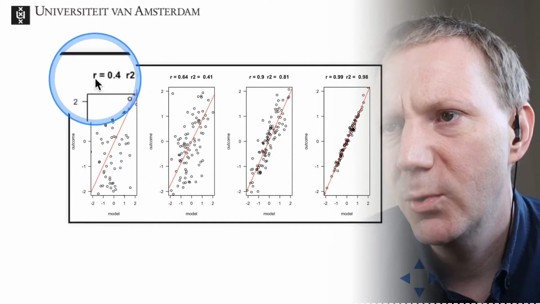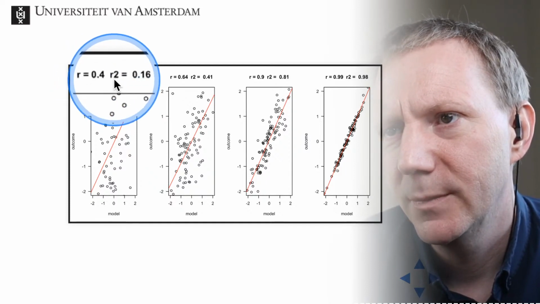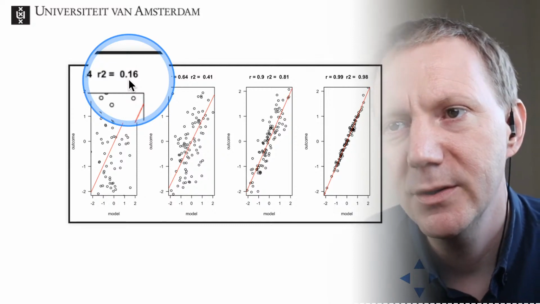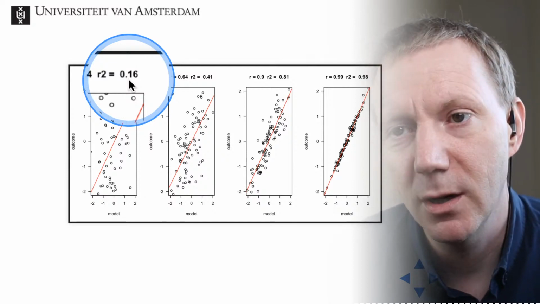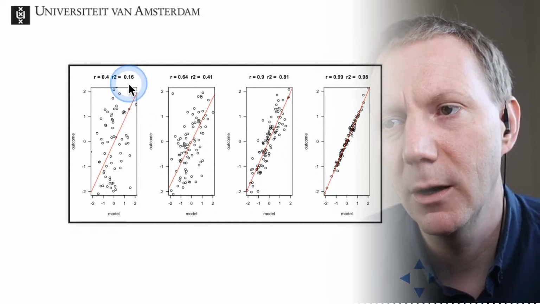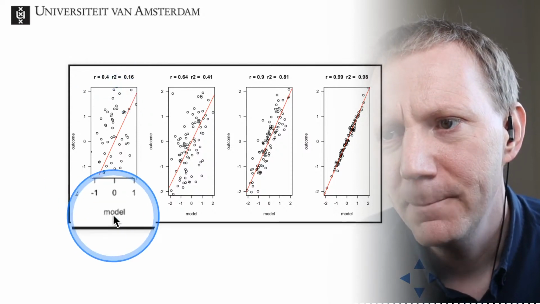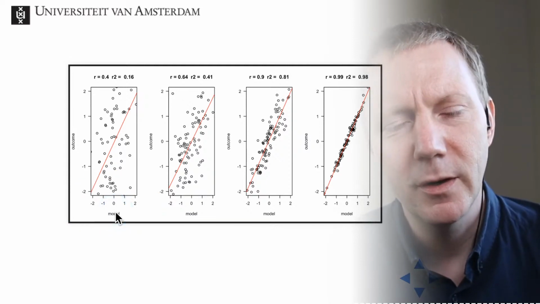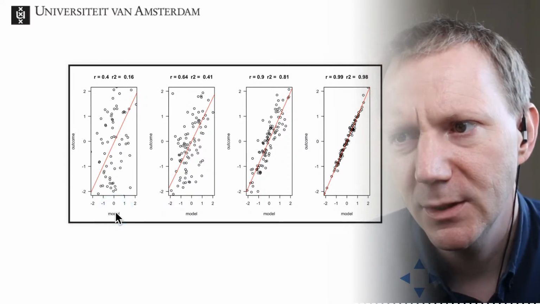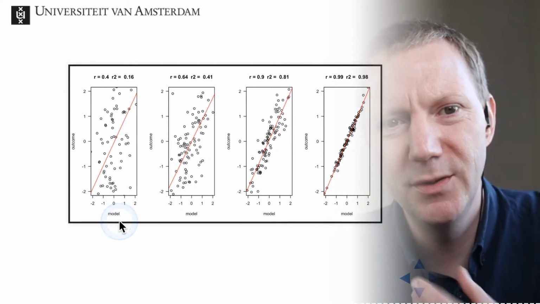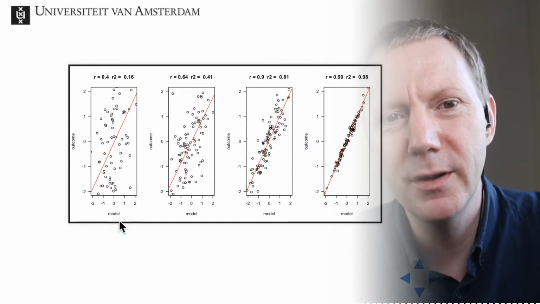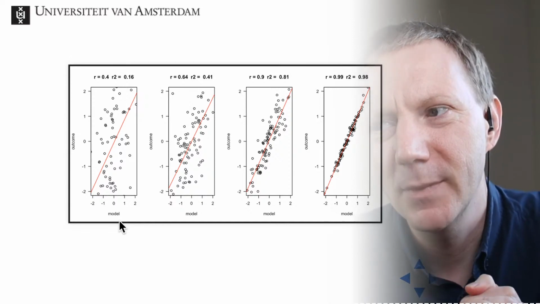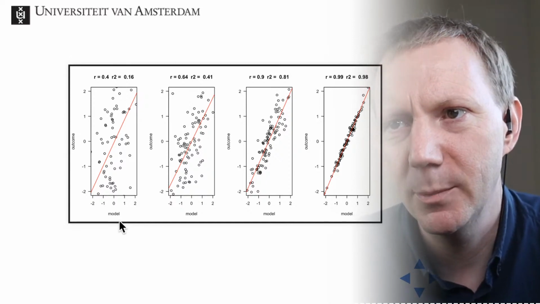If you were to square the correlation, as I've done here, it will give you the explained variance, and the explained variance of this model is quite low. Again, this model could contain a lot of independent variables, right? It's just the sum of all the weighted independent variables plus the intercept.